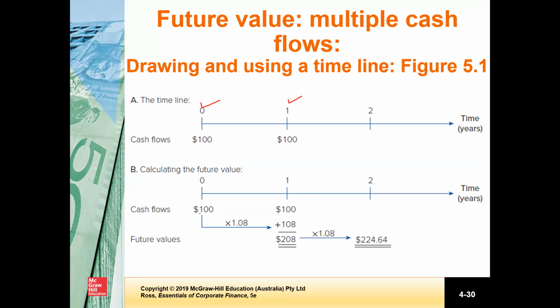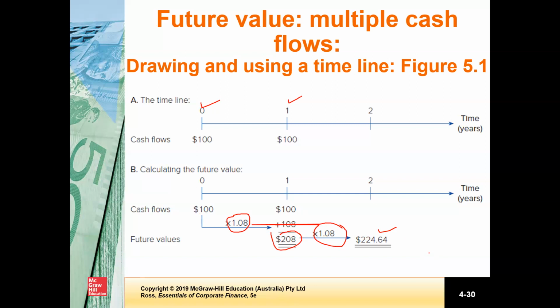So you can see 100 grows at a rate of 8%. So at the end of year 1, it becomes 108, and we deposit another 100. So it becomes 208. It grows at a rate of 8%. So at the end of year 2, it becomes 224. Okay. So we could do it in another way, a quicker way.